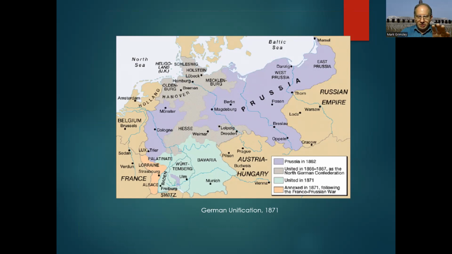I won't go into all the details of the historical past, but the fact of the matter is these had a mix of French speakers and German speakers. Lorraine and Alsace had been part of France, however, for about 2 centuries at this point. The Germans annexed both of those provinces, both Alsace and Lorraine. They just took them from France.